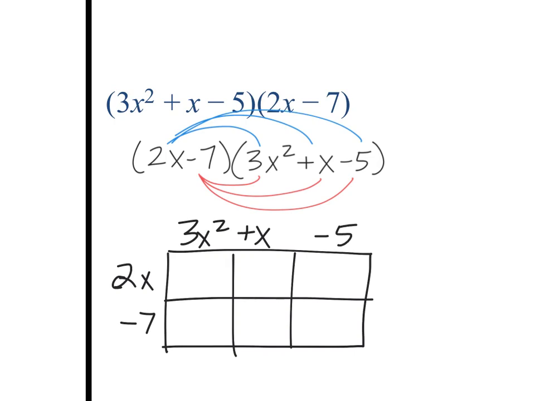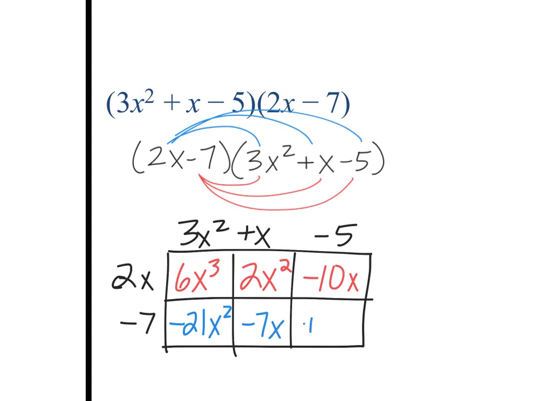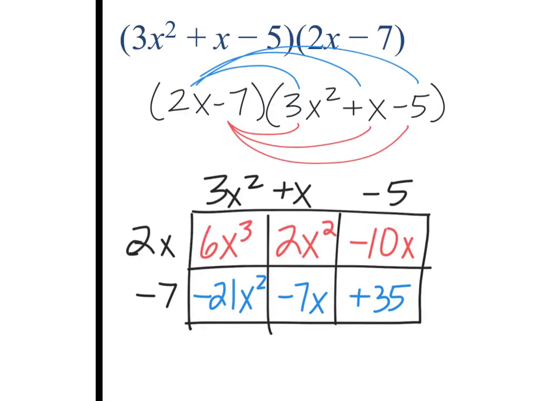And then you just multiply length times width for each box, just like you did the other day. 6x to the third, 2x squared, -10x. And then repeat that with -7. Mark it somehow. Let's see. These two are like terms.